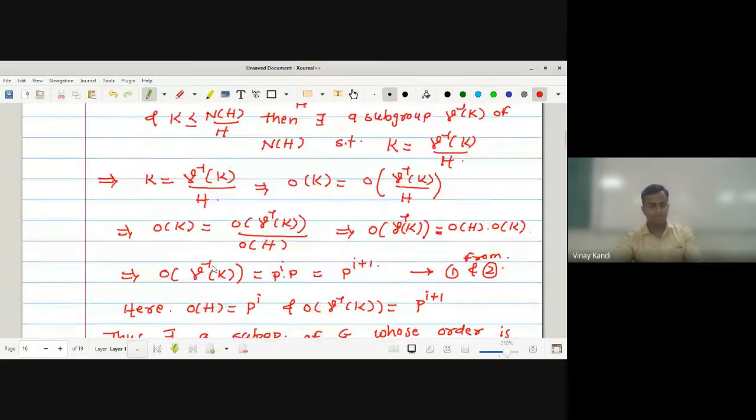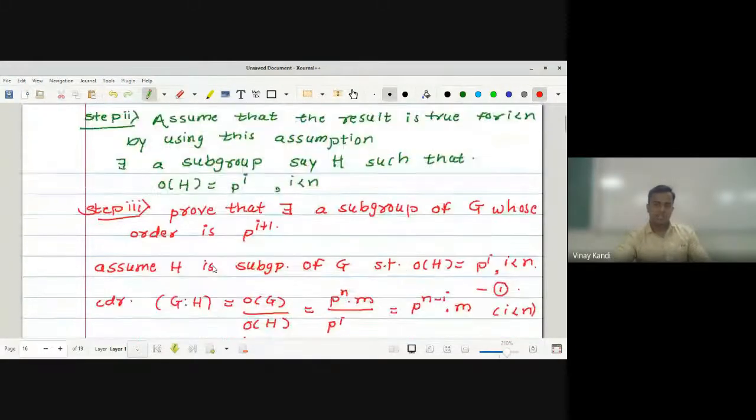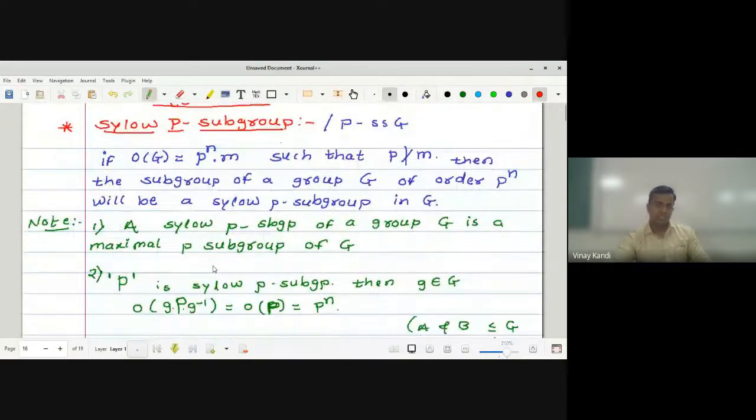Okay, so any difficulty? Look at the statement carefully once again. What is this theorem? If order of G is equal to p raised to n into m such that p does not divide m, understand carefully what this means. p does not divide m means no factor of p comes out of m. So the GCD of p and m must be 1. The GCD of any number with any prime number is 1 when p is not a factor of that number. So here the GCD of p and m is 1.